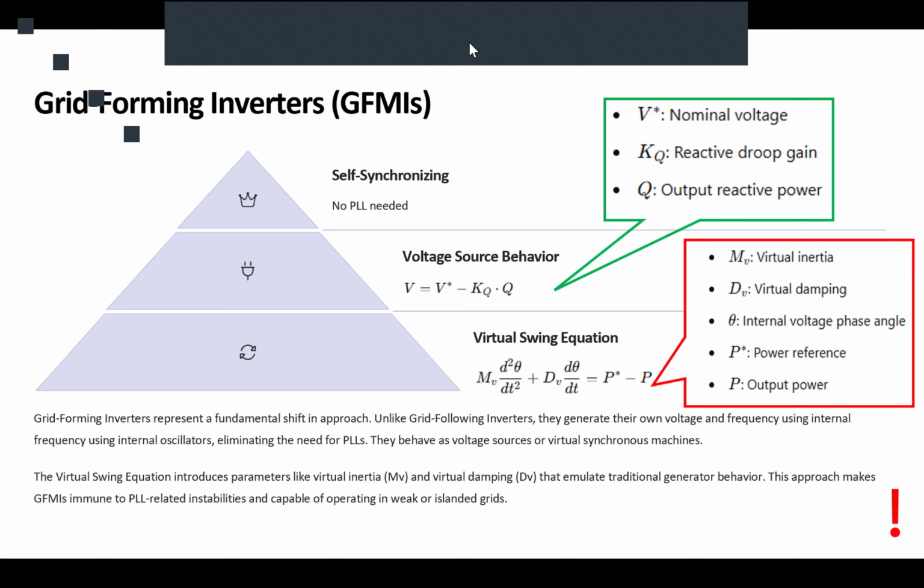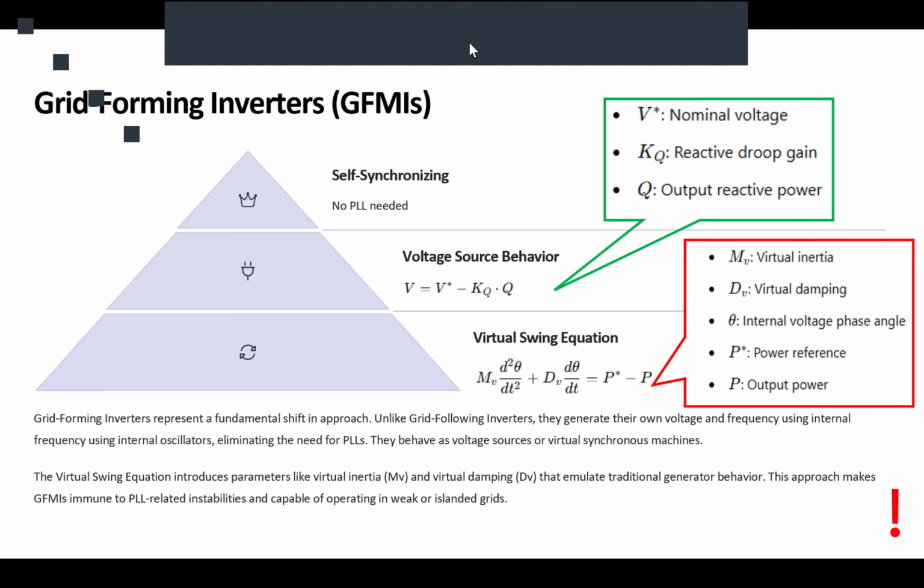The theta is what we discussed before, the internal voltage phase angle, which defines the difference between the grid and inverter phase angle. P star is P reference, or what we called before mechanical power. It's going to be constant.